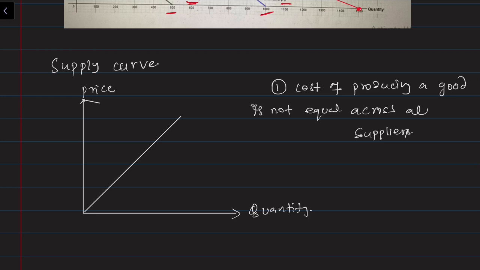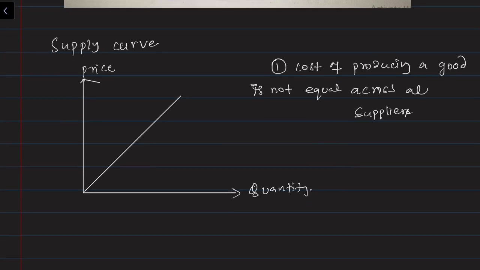So the price and the quantity supplied are directly related: as price increases, the quantity supplied also increases, and that is why the supply curve is upward sloping.